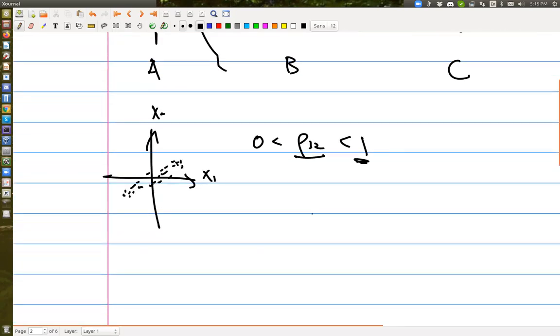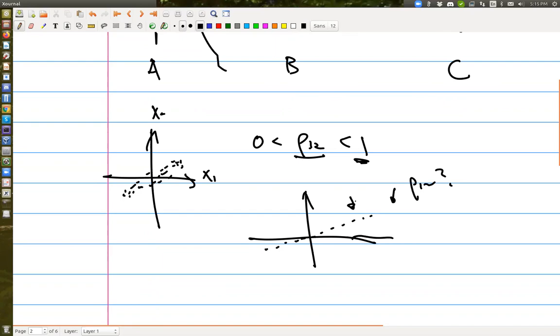For example, if I have another line here, what's rho 1,2 here? Okay, very good. I was trying to trick you, so you are not getting into the trap.